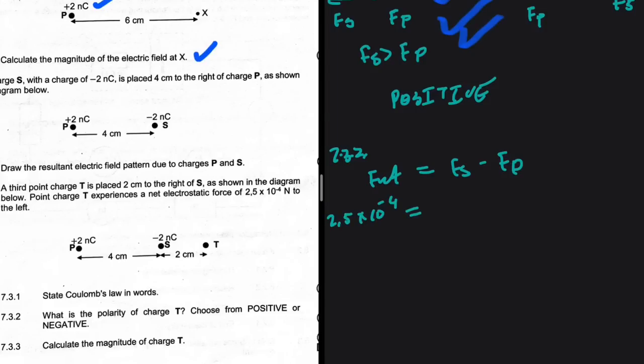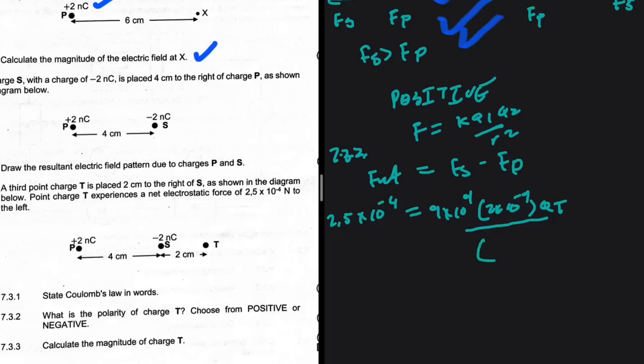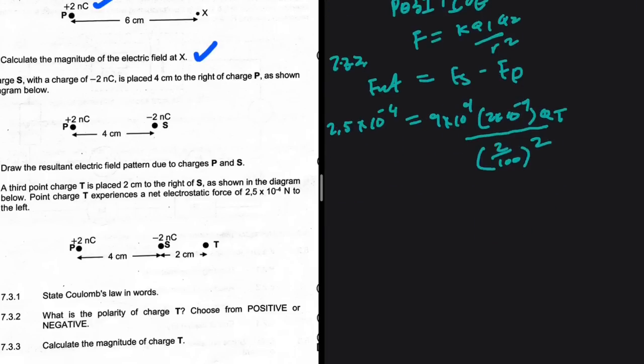What is Fs? We know fully well that F is equal to K Q1 Q2 over R squared, right? And we want the charge at T. So Fs is going to be 9 times 10 to the power 9, the magnitude of the charge S, 2 times 10 to the minus 9, multiplied by Qt, everything divided by the distance between S and T. It is 2 centimeters, so 2 over 100, converting it to meters, squared, right?